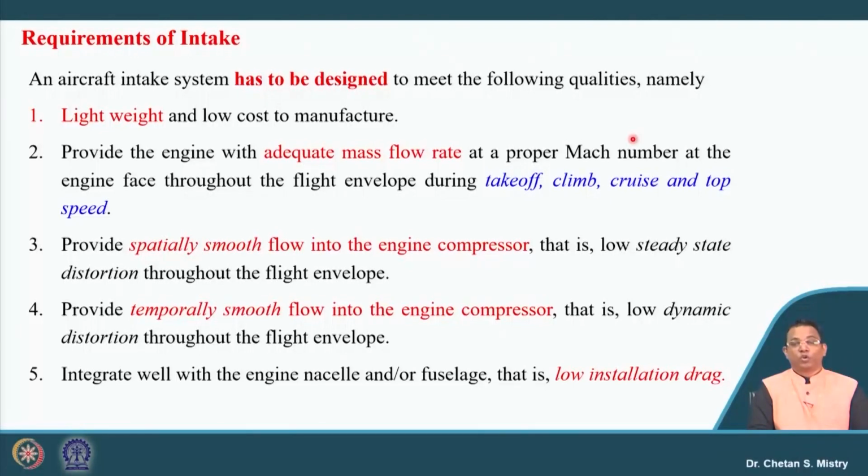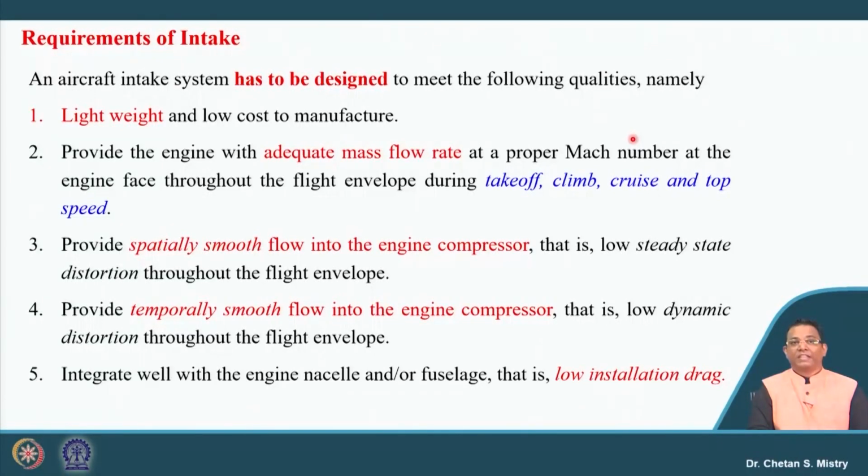Next, it should give an adequate mass flow rate at variable Mach number conditions, because our aircraft will be flying under takeoff, climb, cruise or top speed conditions. Suppose this is a military aircraft, then we will be doing maneuvers. For all these, it should give an adequate amount of air mass flow rate.